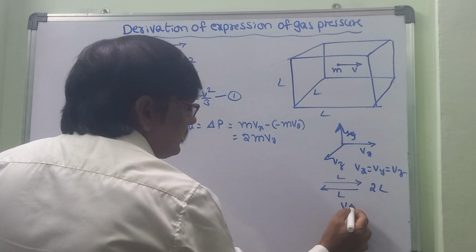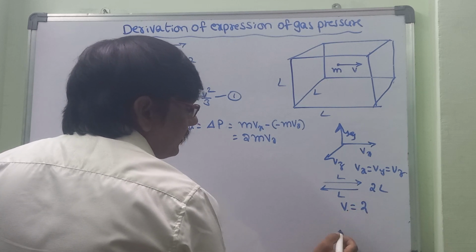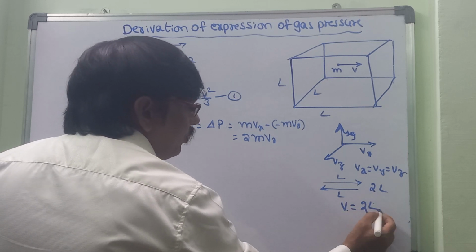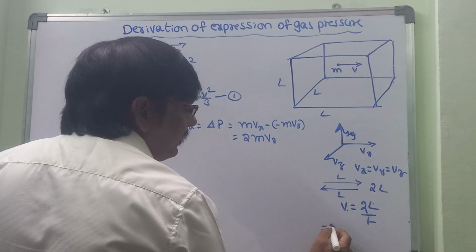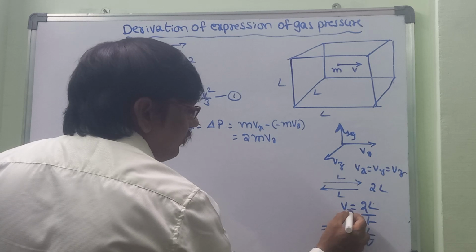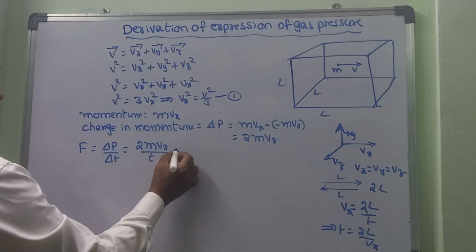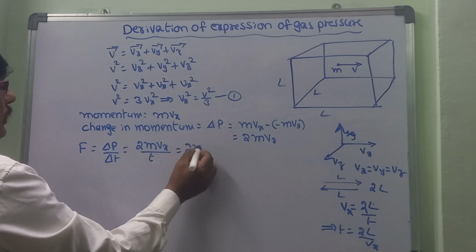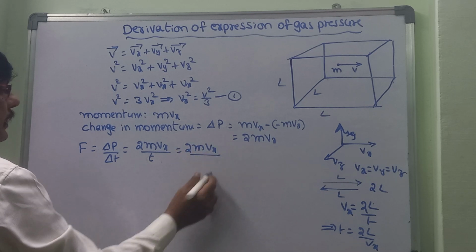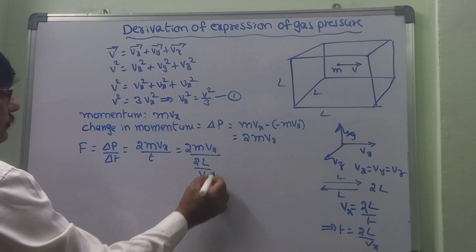For this, velocity Vx is equal to distance by time, which is 2L by T. Then T is equal to 2L by Vx, if we take one particle. Substituting this T value here, we get 2mVx by 2L by Vx.